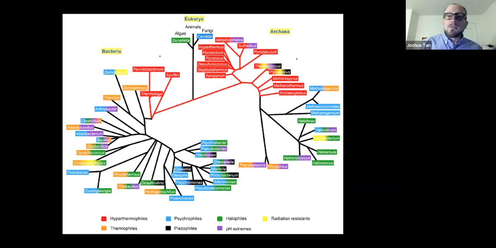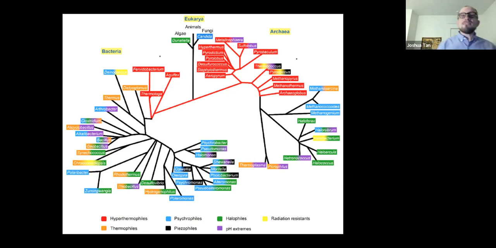We start off with three big domains of life that are highlighted in blue at the top. We've got bacteria, we've got eukarya, and we've got archaea.